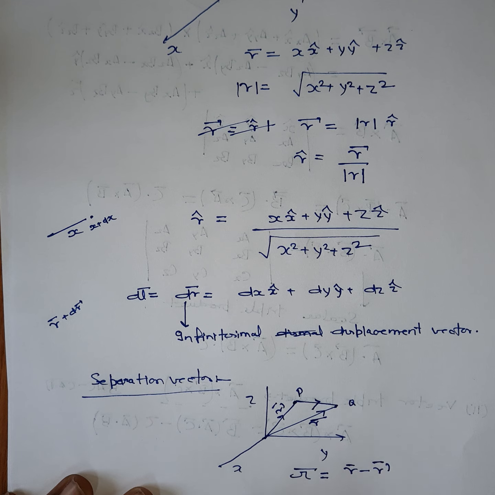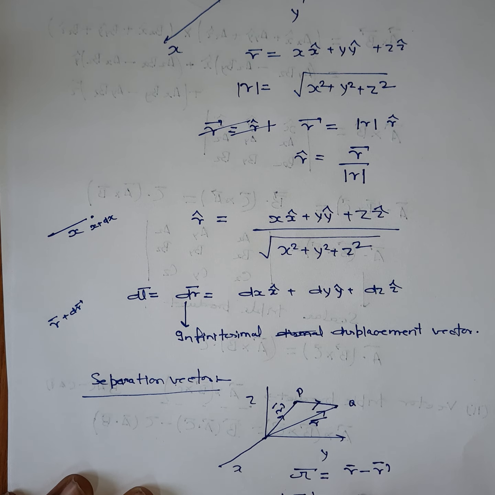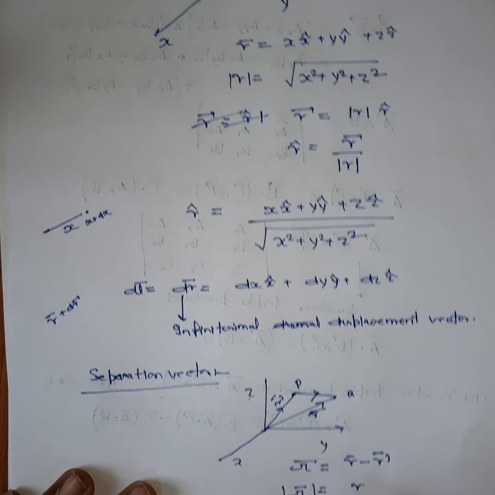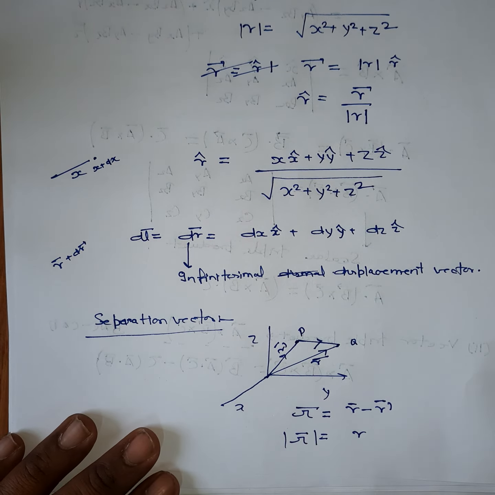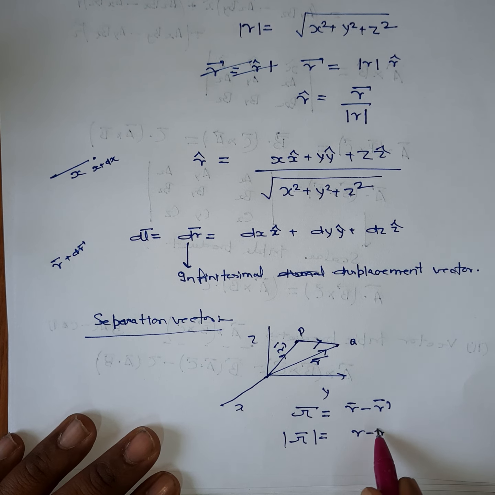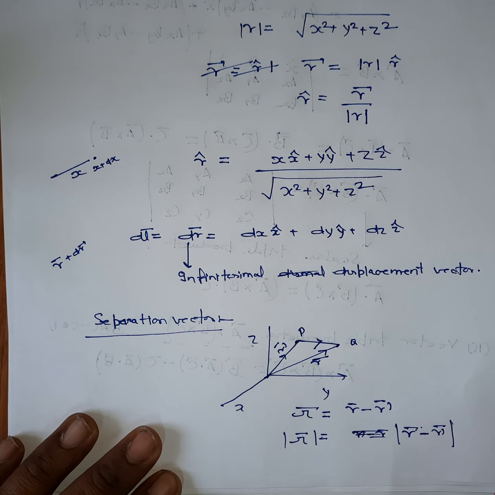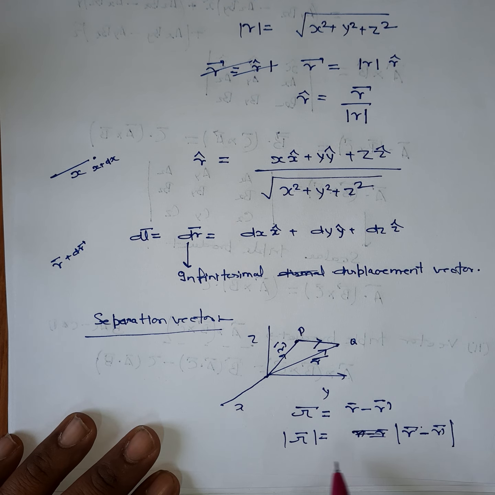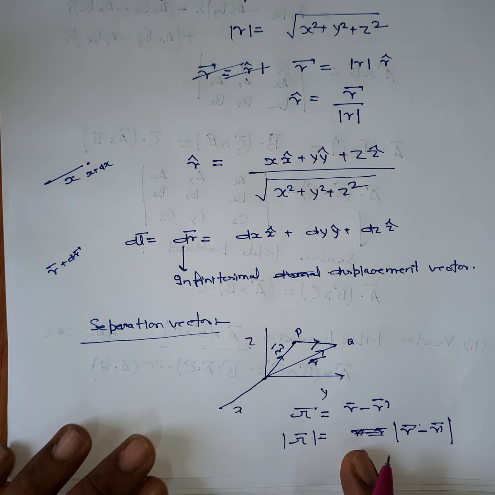These are all vector quantities. So this is called your separation vector. The magnitude of this can be given as the magnitude of r vector minus r dash vector. So this is how separation vectors are defined.